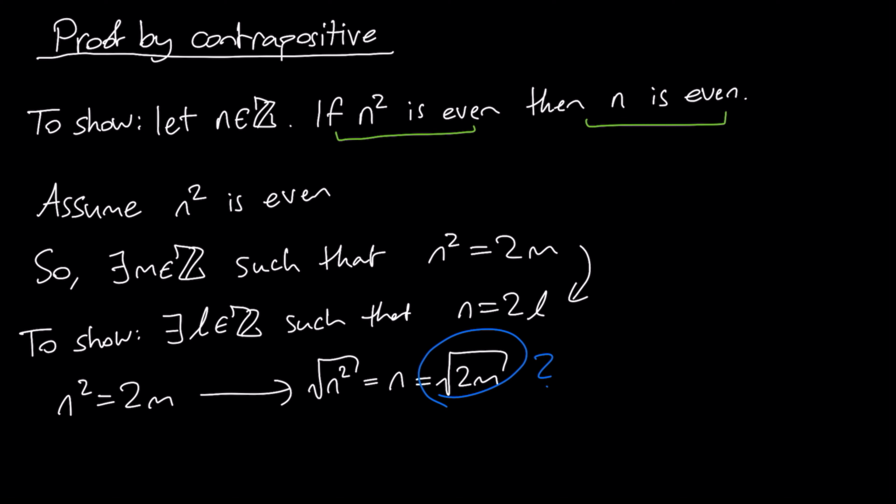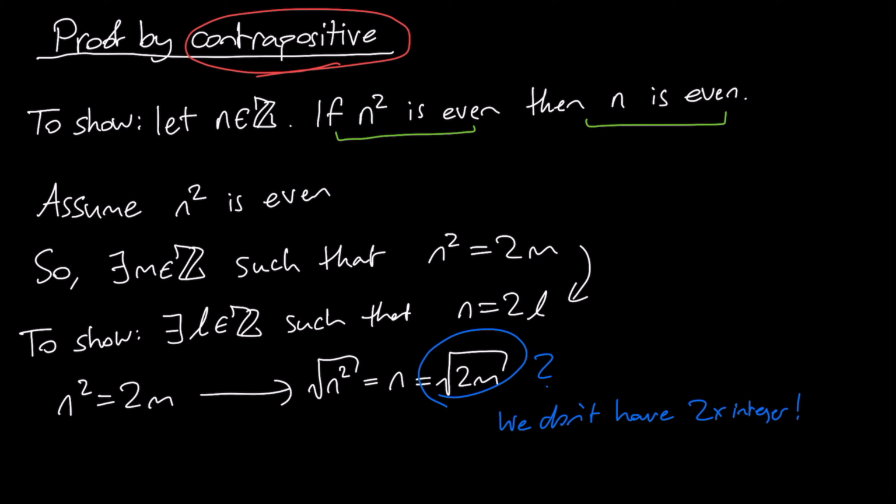Here we don't have 2 times an integer. So in this case, it seems that direct proof has broken down. But by using this clever trick, proof by contrapositive, this is actually going to be a very easy proof.